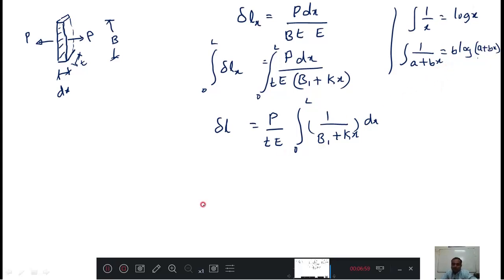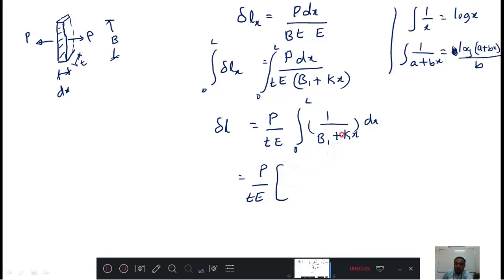Okay, sorry, here this is not into, here x is in the denominator, therefore it is also in the denominator B. This B and this B, don't confuse, this is a formula B. Here A means B1, B means K, X means X. Therefore P, T, E outside.